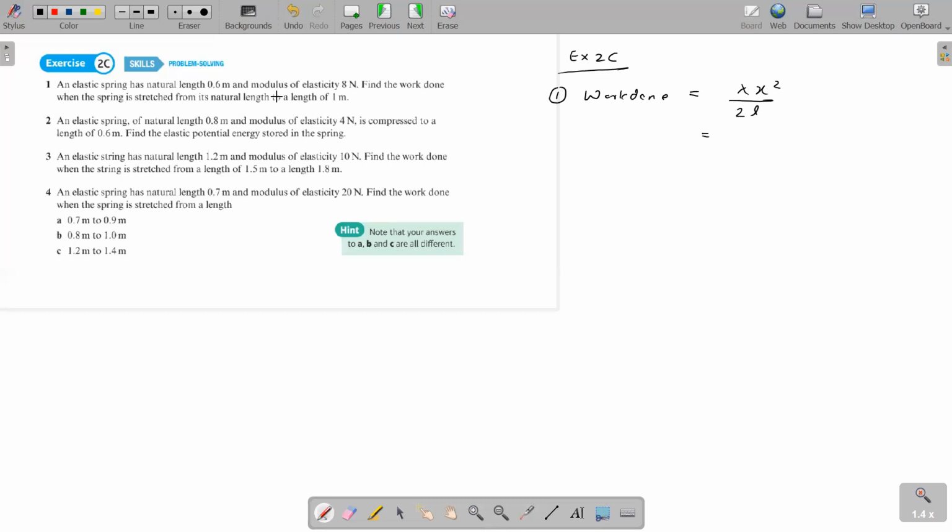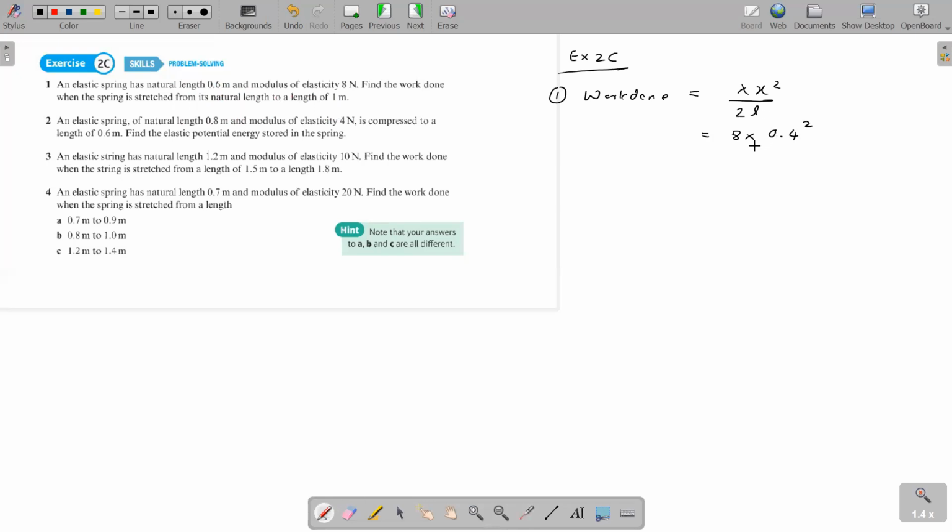So lambda is given to us as how much? Lambda, modulus of elasticity, 8. What about the extension? The stretched amount. How much have we stretched? Natural length is 0.6. And they said the spring is stretched from its natural length to a length of 1 meter. So when you're stretching it to a length of 1 meter, how much is the extension? Natural length is 0.6. Now the new length is 1 meter, which means the extension is 0.4.